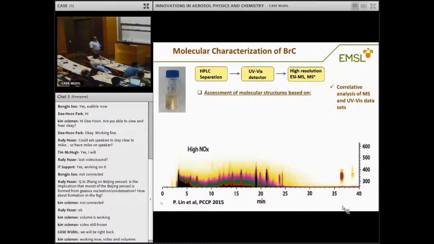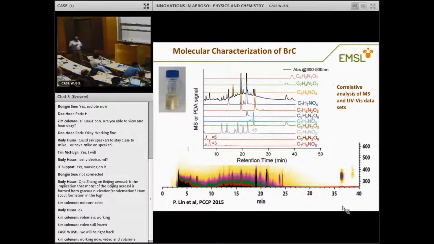So, the assessment of molecular structure. Let me step back. With high resolution mass spectrometry, we get a very clear idea about the elemental composition of specific peaks that show up at the same time as the appearance of specific bands.